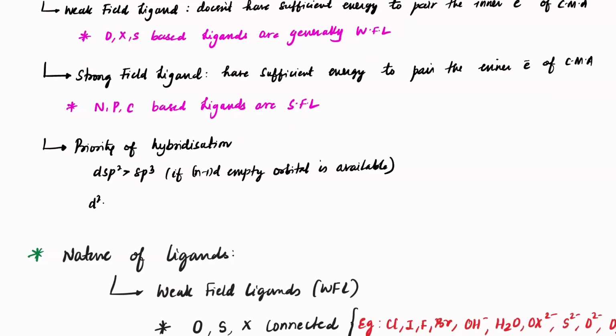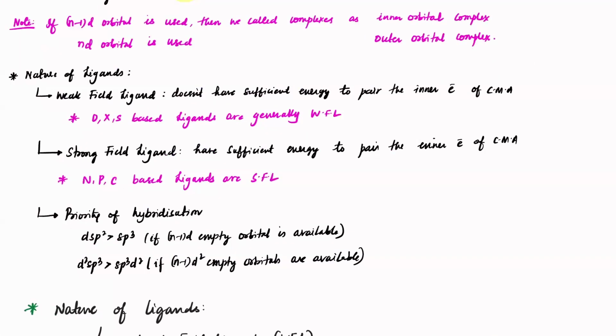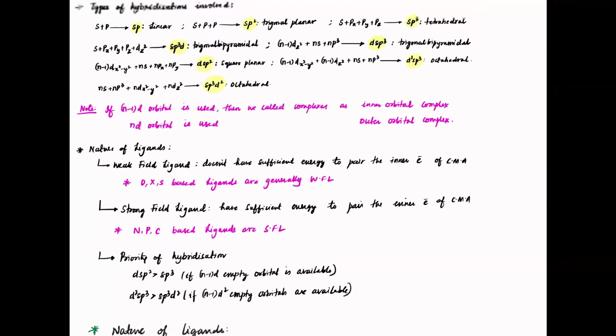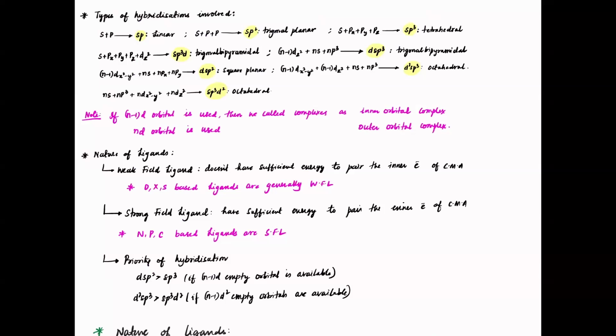Similarly, d2sp3 is more prioritized than sp3d2 if n minus 1 d two empty orbitals are available. So these are some basic fundamentals we need to learn from VBT. Got it?